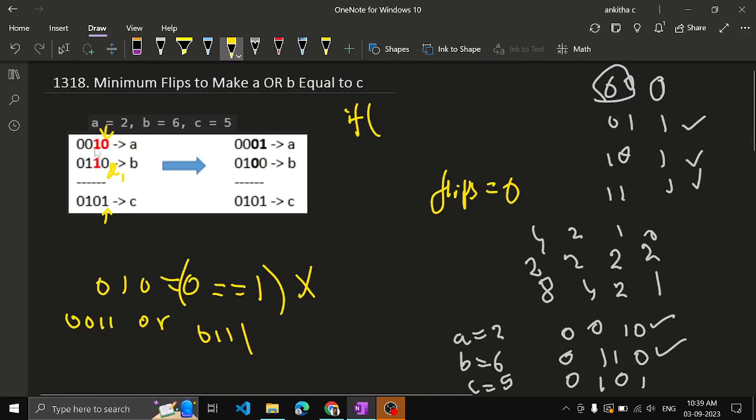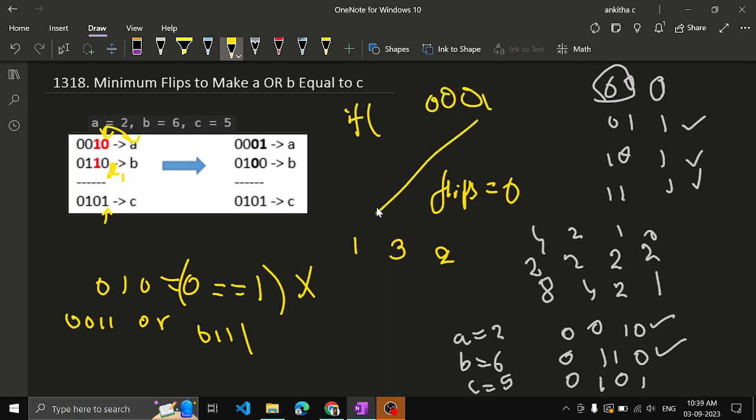Okay, once this is done, now we have to move to the next bit, the second bit. So how do we move? For that, we have to right shift all of A, B, C by one position. If you right shift, you are dividing the given number by 2. So 2 by 2 will give you 1, 6 by 2 will give you 3, 5 by 2 will be 2.5, which is approximately 2. You can check: if you right shift A by one position, this will give you 0, 0, 0, 1, which is of course 1.